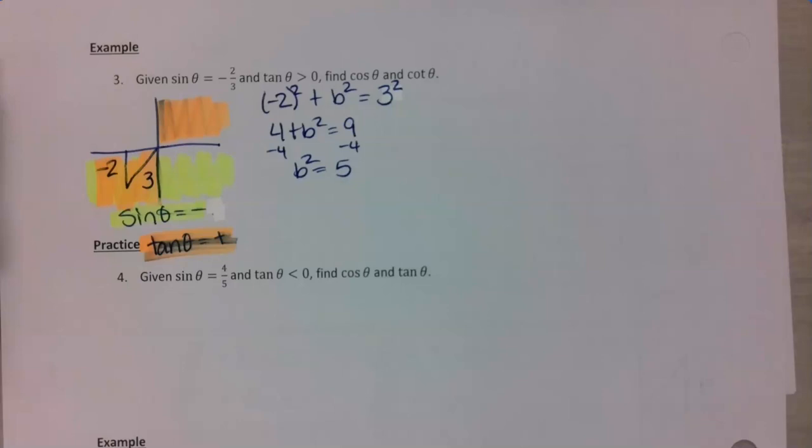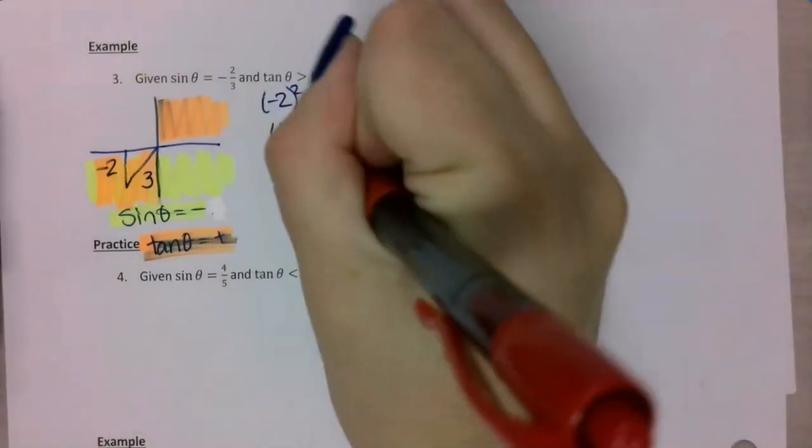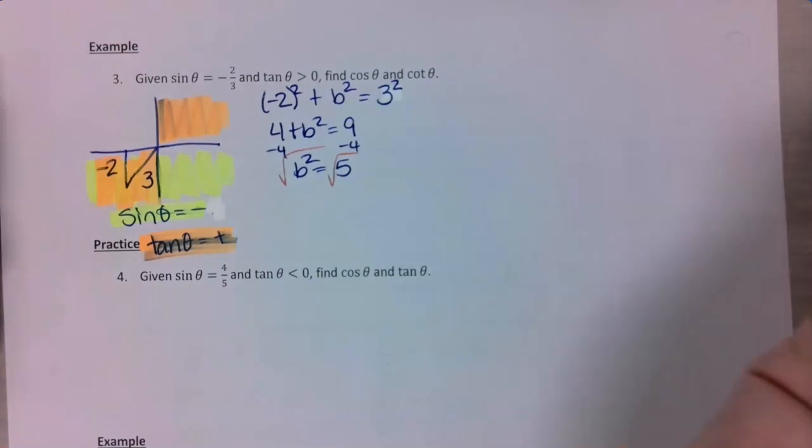Okay, then I take the square root, and I get, what? I get 5? Okay, square root of 5. Those are 2 different numbers.